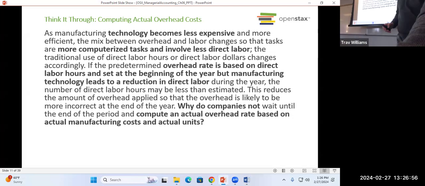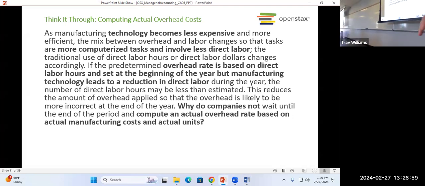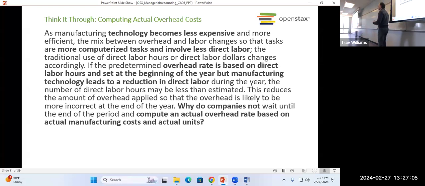So what this slide is telling us is that a lot of times as companies get more sophisticated with their machinery, they don't need as much labor. We've talked about that concept a little bit before, how when you invest sometimes into fixed assets like equipment or software, it can reduce your need for variable costs like labor. Now, the traditional methods that we use, again, are machine hours, labor hours, and labor costs.